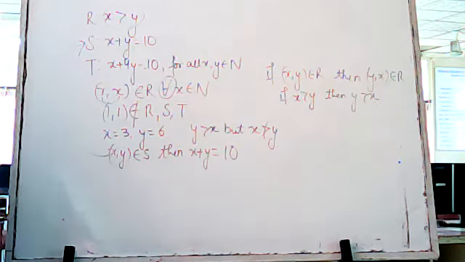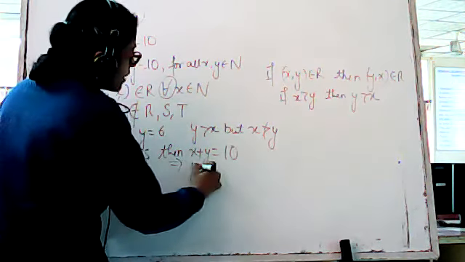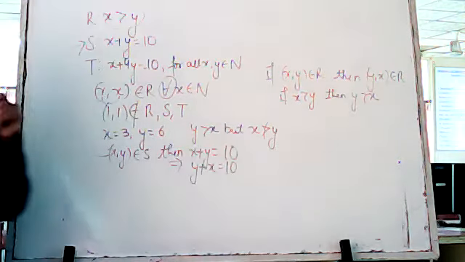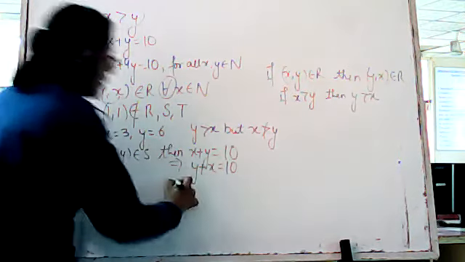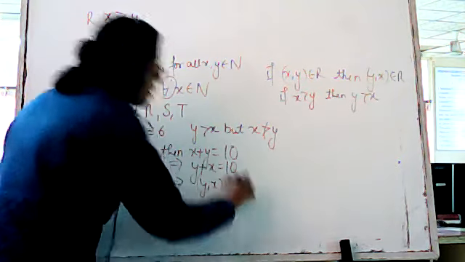Then x plus y equals 10 implies that if x plus y is 10, we can also say that y plus x is also 10. If x plus y equals 10, then y plus x is also 10. This implies that ordered pair (y, x) belongs to the relation S.